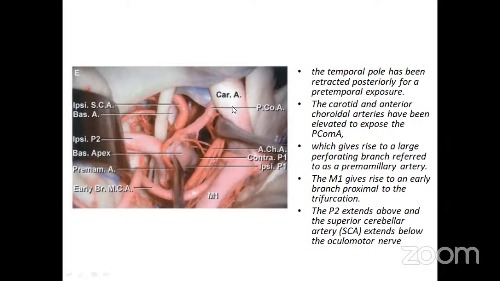The posterior communicating artery is a branch of the second segment of the supraclinoid segment of the internal carotid artery. So this is the posterior communicating artery. It goes further, and it gives a branch which is known as the premammillary artery.